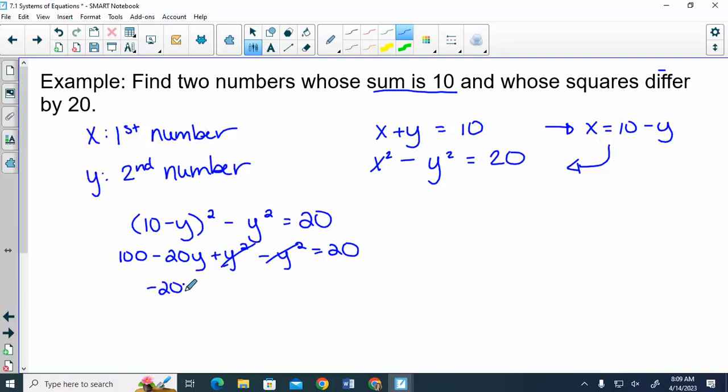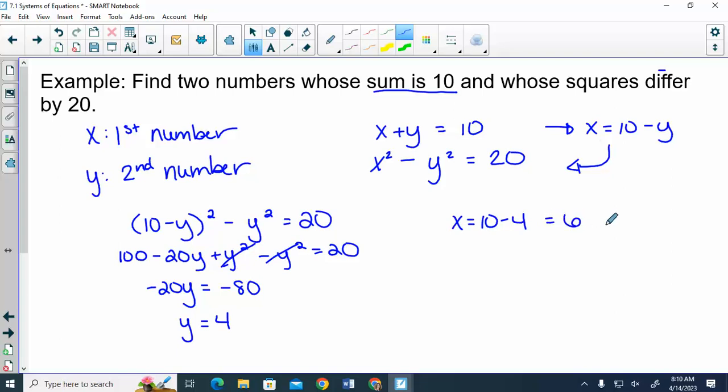Negative 20y, if I subtract over my 100, equals negative 80. Divide by negative 20, and y is 4. And once I have y, I can get x. x is 10 minus y, so 10 minus 4 is 6.